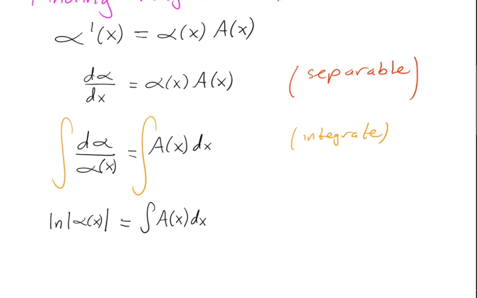Okay, so then what is alpha of x equal to? Yeah, it's just e raised to that power, right? E raised to the integral of a of x dx. And so this is it.